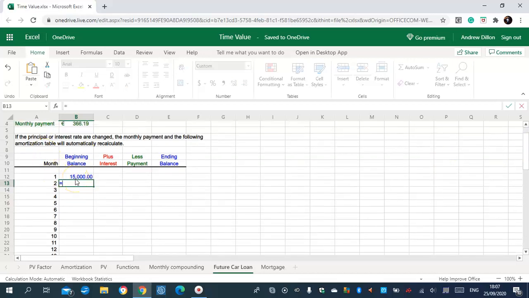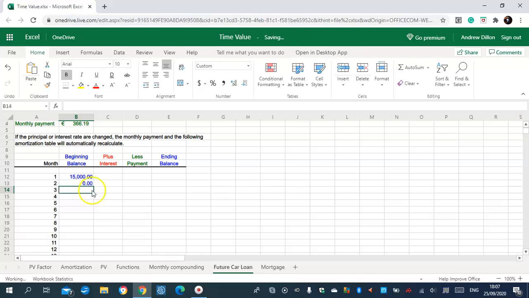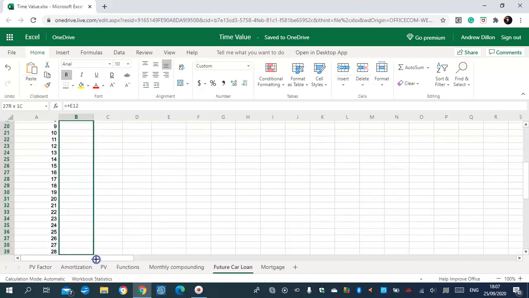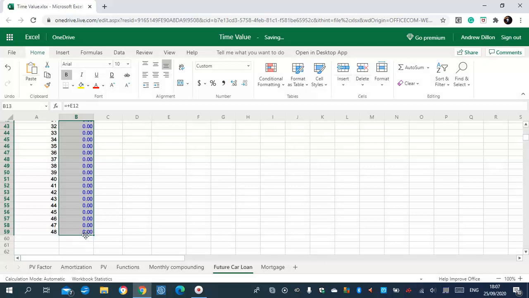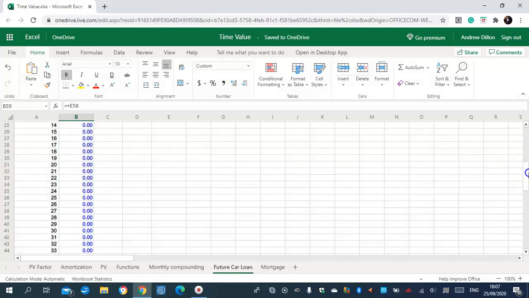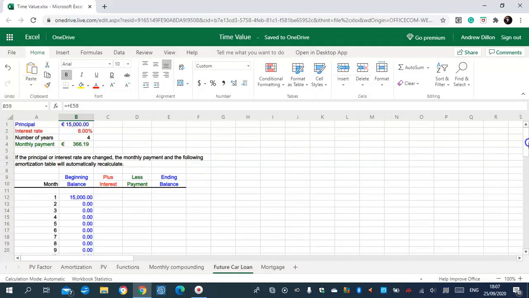Okay, next one, the difference. And now calculate the plus interest.